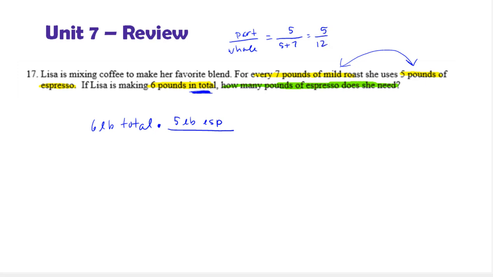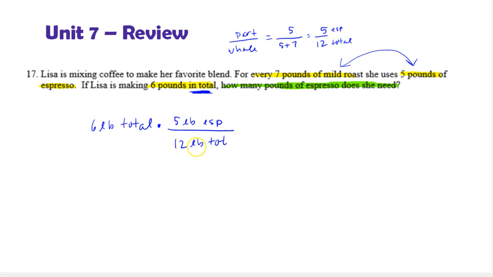So for every 7 pounds of mild, there's 5 pounds of espresso, but for the total, for every 5 pounds of espresso, there's 12 total pounds, or 5/12 espresso. Be careful of that wording, but if you write your units and don't just rush through it, you should be okay. So we want 12 total on the bottom.